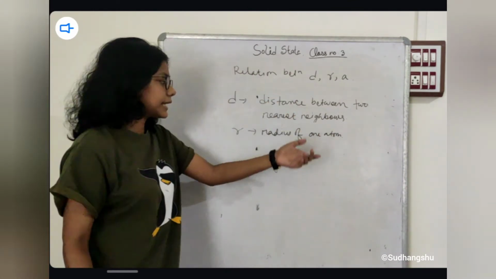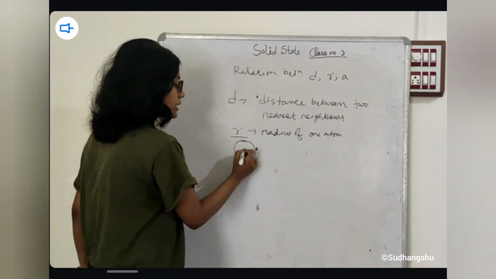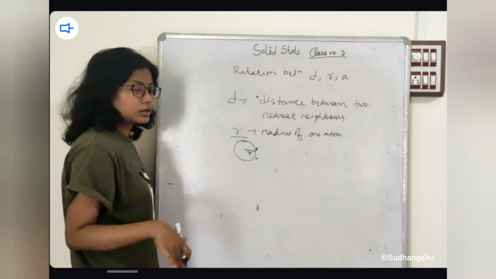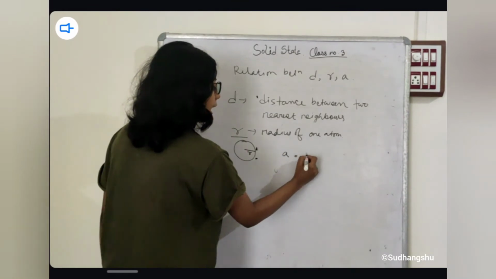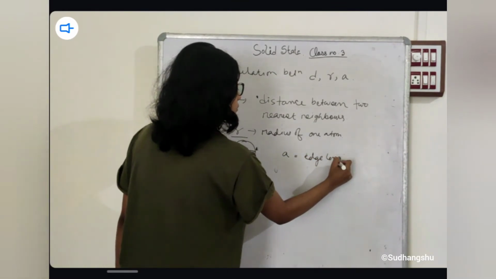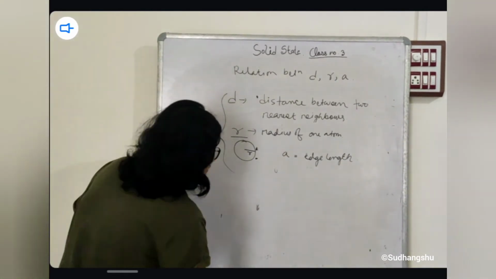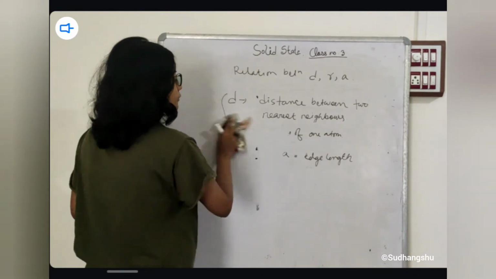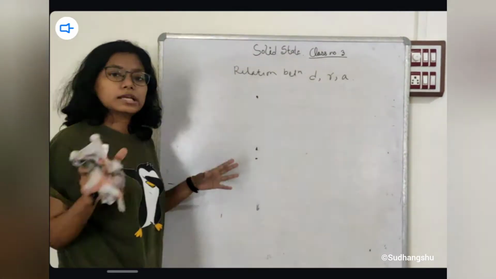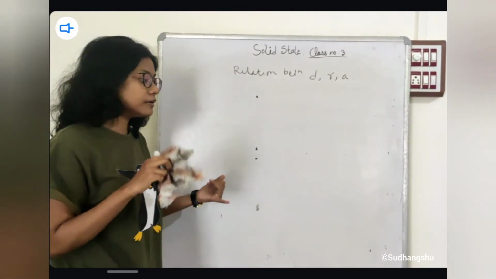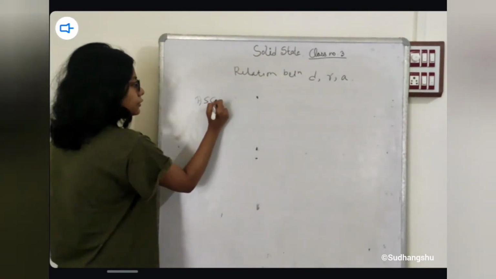In this case we consider R to be the same for all, meaning all atoms are similar. Then A is the edge length. We will now discuss the relation between these three parameters. The relationship will be different for all three cubic unit cells: simple, face center and body center. The first one is the simple cubic cell.